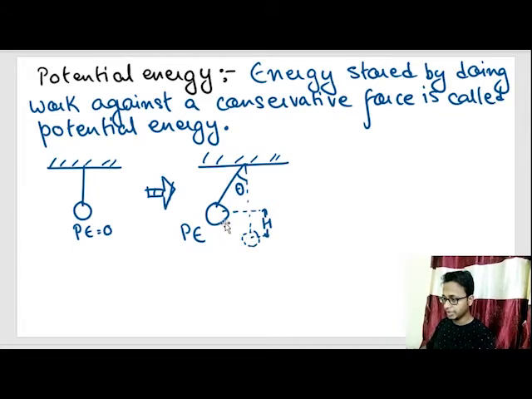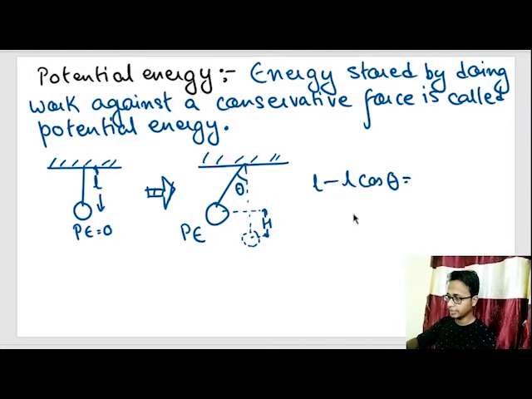But when the string gets put in this position, the projection of this string in this line would be somewhat out here. So if the length of the string is L, h is nothing but L, the full length, minus this length, which is L cos theta. So L minus L cos theta. This whole length is L, even this whole length is L. So in order to find h, we have to subtract, L minus L cos theta, which is equal to h.